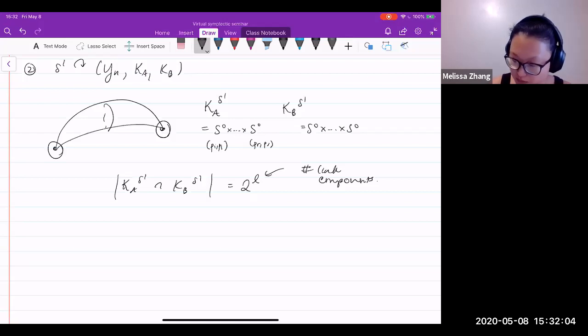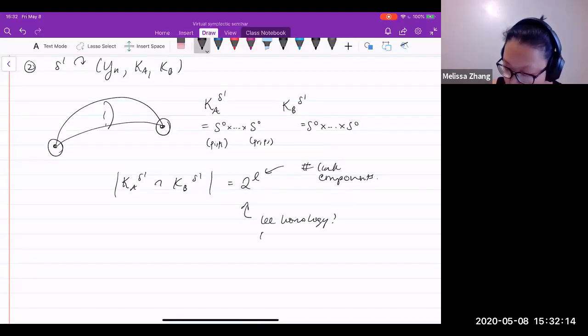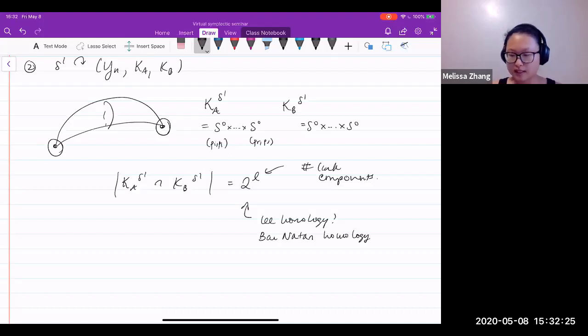One of the most famous ones is Lee homology. But today I'm going to work over F2. So I'm actually going to talk about a second type, which we now call Bar-Natan homology. Basically, you've added differentials and now the whole thing is collapsed to something very simple.